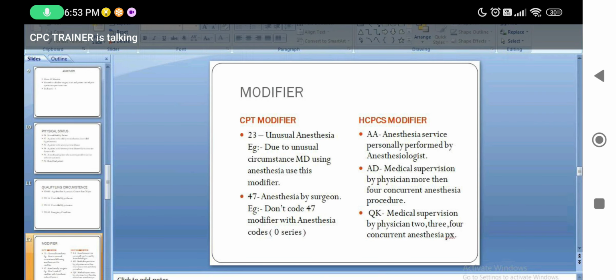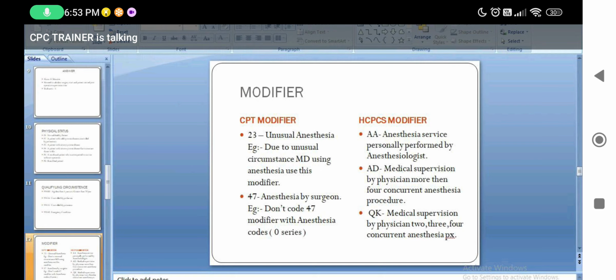Very simple. When we are using the AD modifier, the anesthesiologist provides anesthesia, and with the use of that anesthesia, the provider performs more than 4 procedures continuously. That time we use the AD modifier.